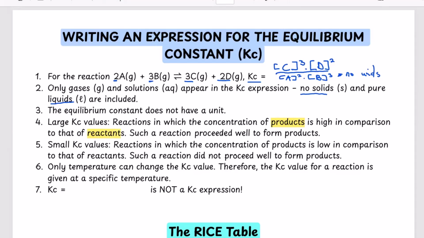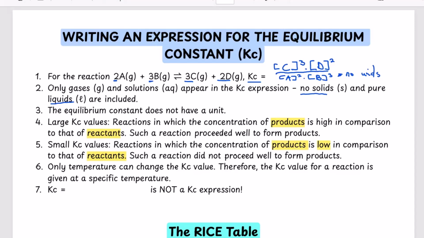So if we're having a larger Kc value, it means for our products we're having a bigger number, and we're dividing it by a smaller number. Then a small Kc value means reactions in which the concentration of the products is low in comparison to that of the reactants. So in this case, we are dividing a small number by a bigger number.